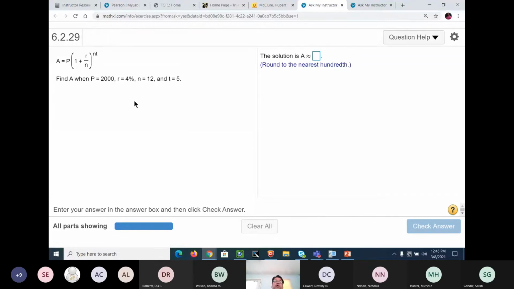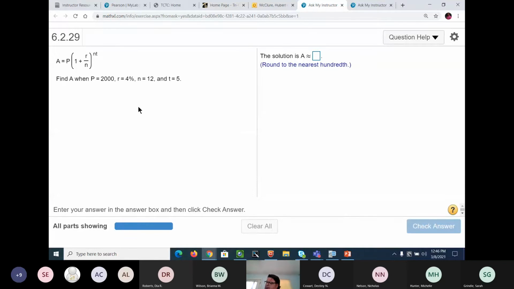Now this one is plug and chug, but it's also a calculator drill. Besides a calculator and plug and chug, it's also how to use your calculator.